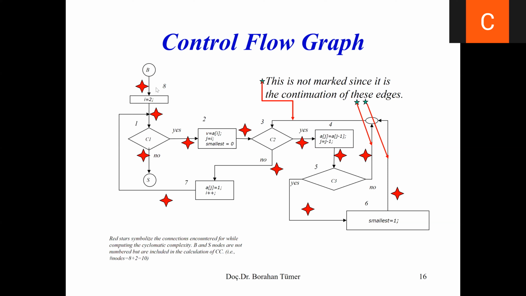Here, these are the numbers for the nodes: 1, 2, 3, 4, 5, 6, 7, 8 nodes plus begin and end nodes. So it adds up to 10 nodes. So all you need to do is to count the edges and then subtract the node number and add 2.